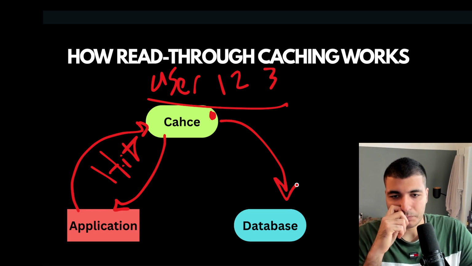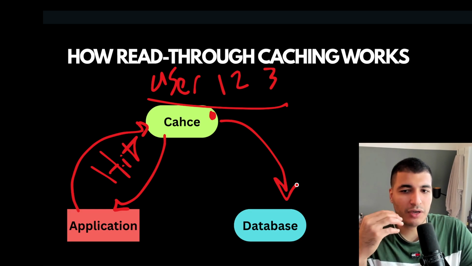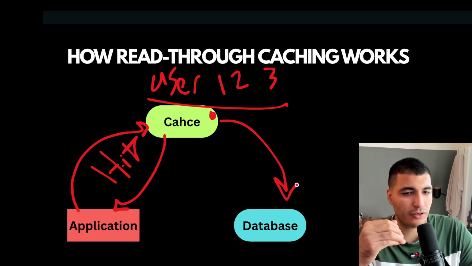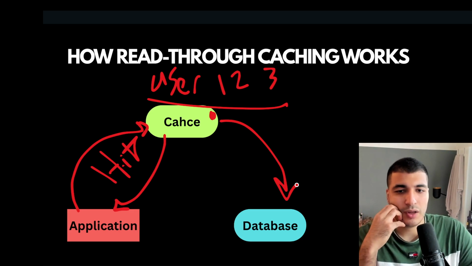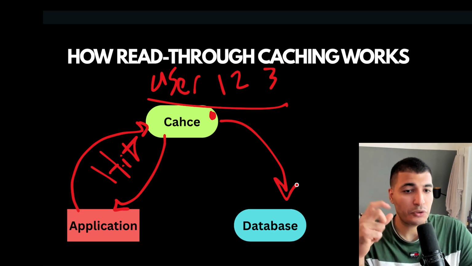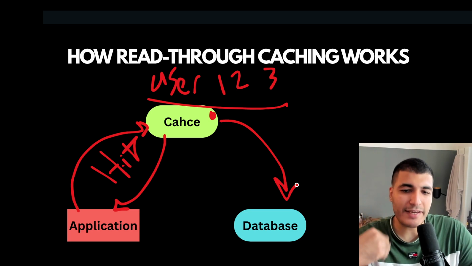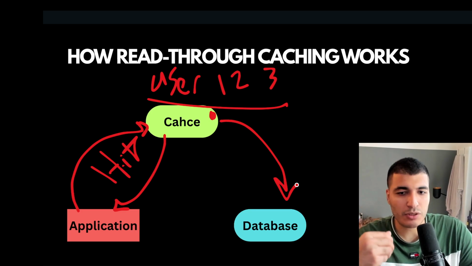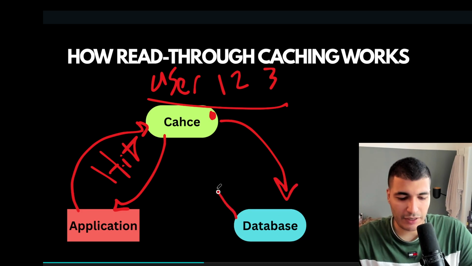The read-through cache doesn't just tell the application, nope, we don't have the data. Instead, the cache itself initiates a read operation to the primary database. It essentially says to the database, hey, I need user profile ID 123. The database processes this request and sends the user profile data back to the cache.